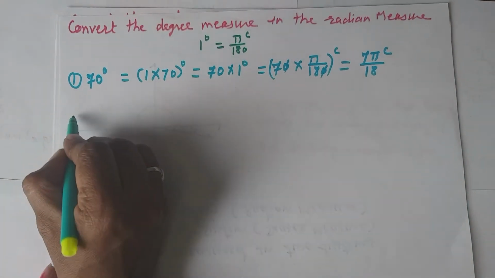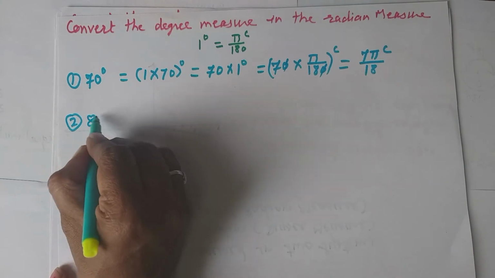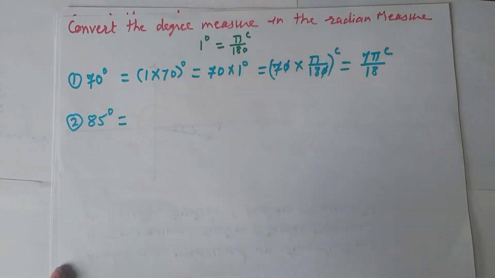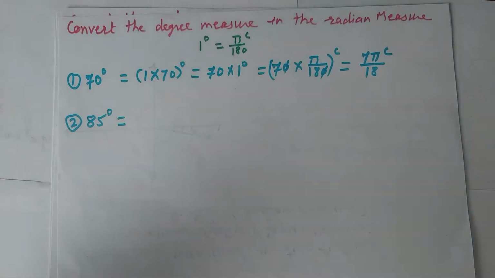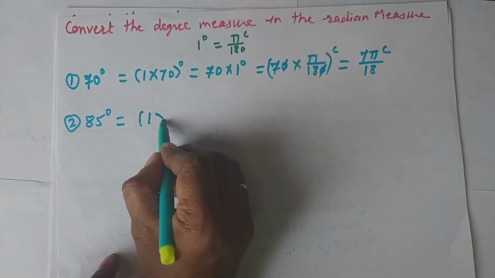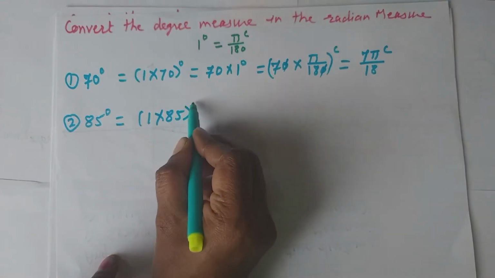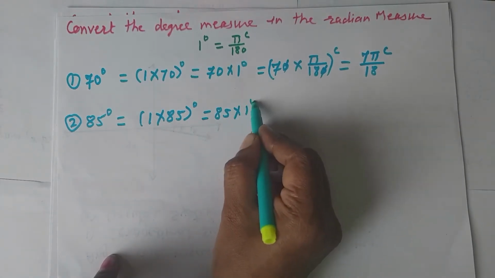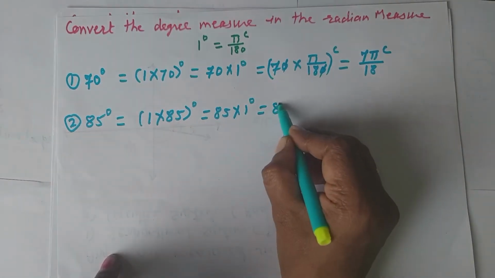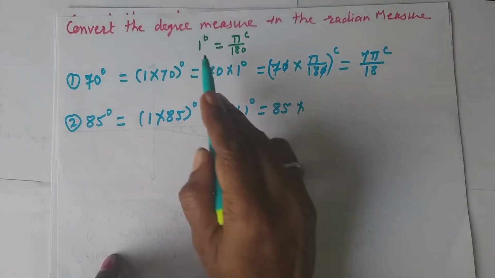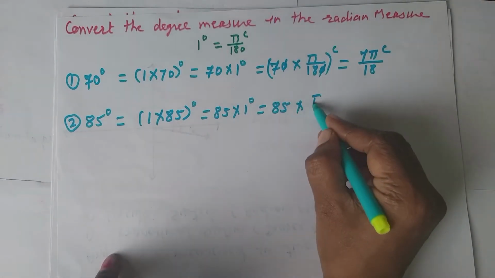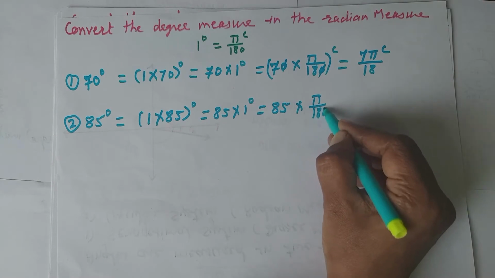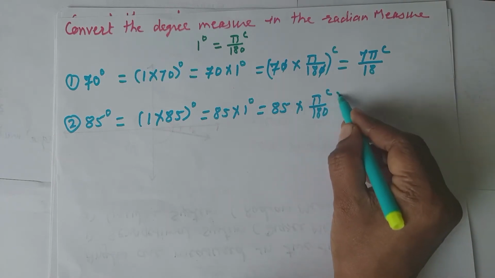Let's see the next. Now we will convert this 85 degrees. If 85 degrees is given, again you write down 1 into 85. Means 85 times 1 degree. Now keep the value of 1 degree. Value of 1 degree is pi divided by 180 radians.